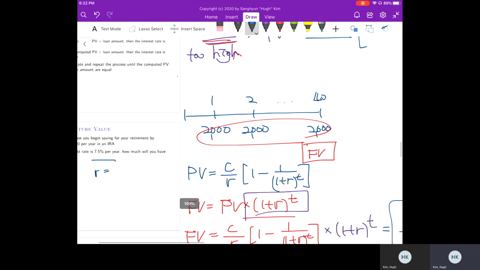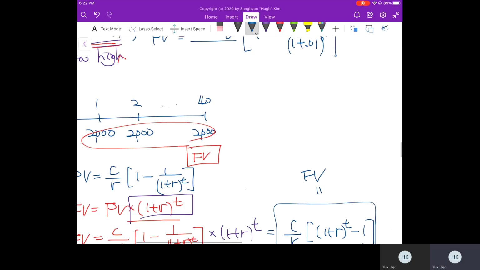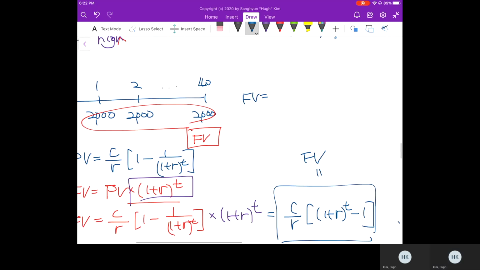The future value is 2,000, which is the annual payment, over R, which is 0.075, times 1 plus 0.075 raised to the power of 40 minus 1.